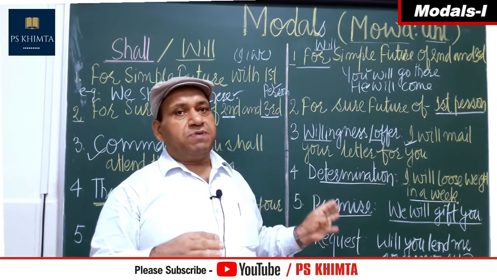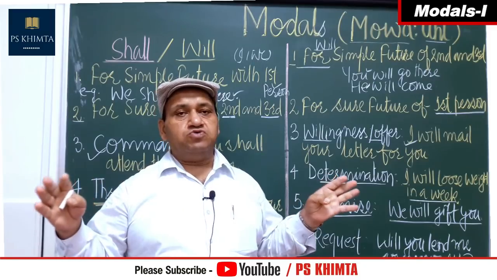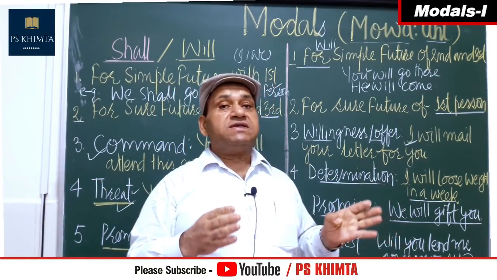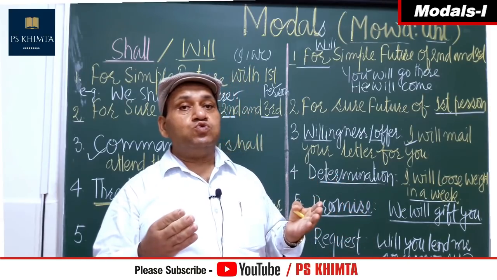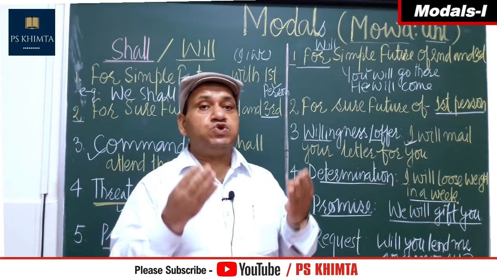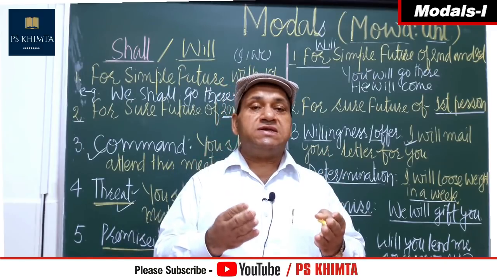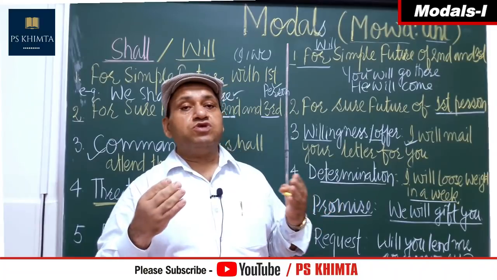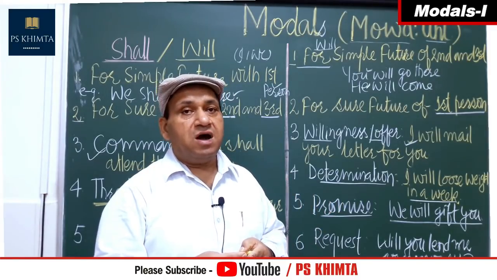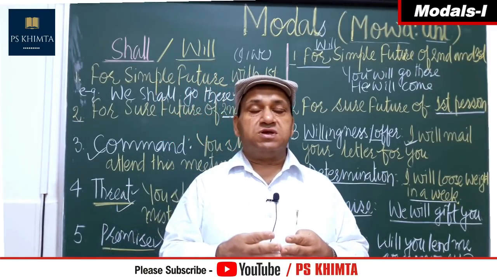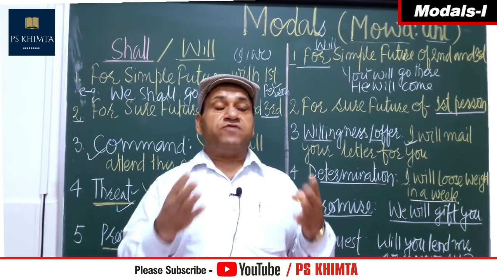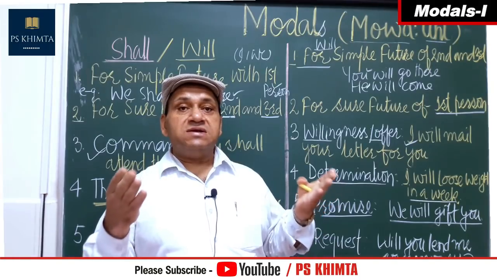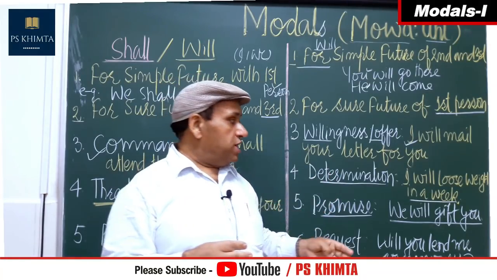I'll take this part when we are about to finish modals, after doing the second, third or fourth modal, because modals give you this beautiful thing to know that a request is expressed in 4 types. How can you make a request to your principal? To your boss? To your friend? This is only possible in modals.